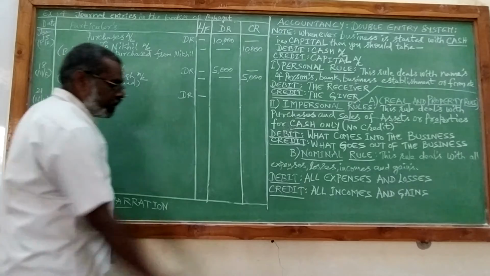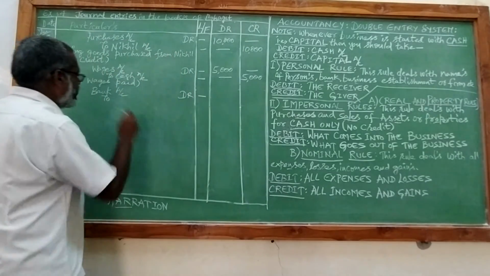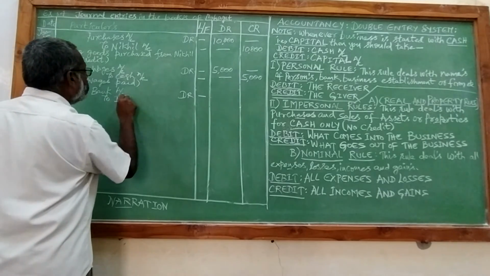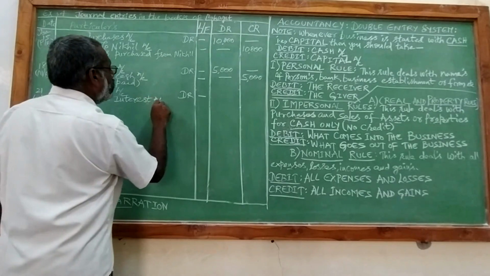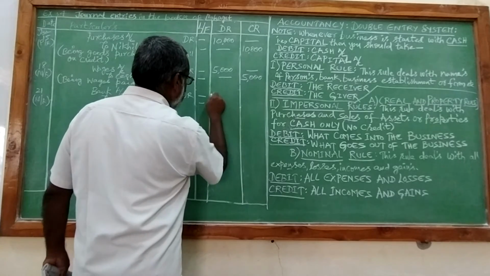And credit all incomes and gains. Interest received is an income, so interest will be credited. It is 5,000 rupees.